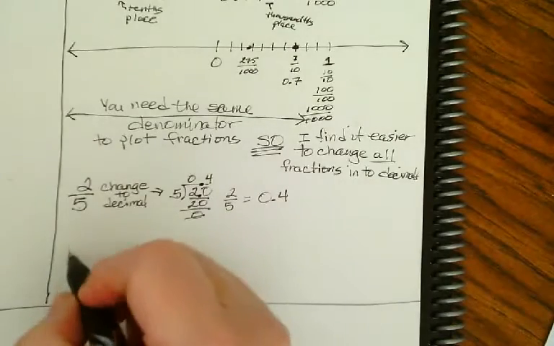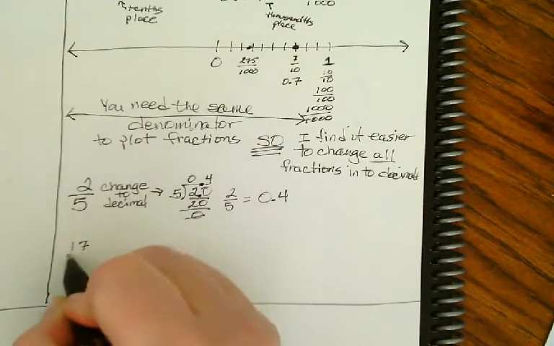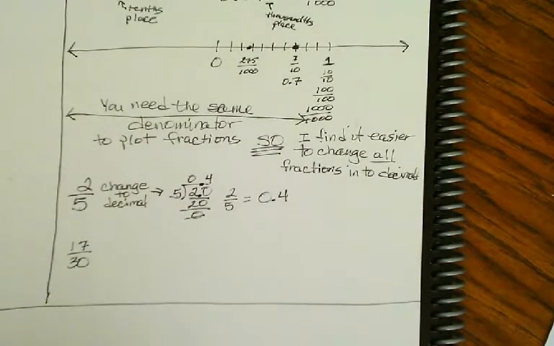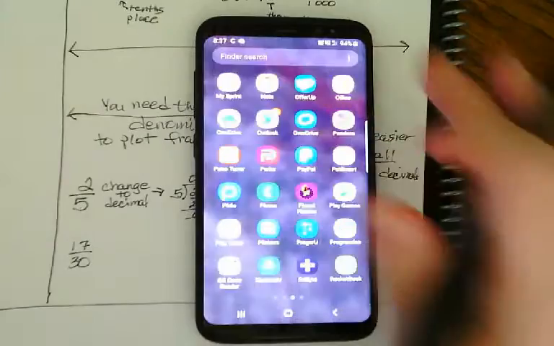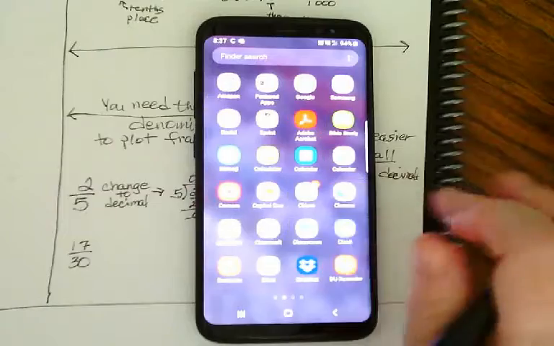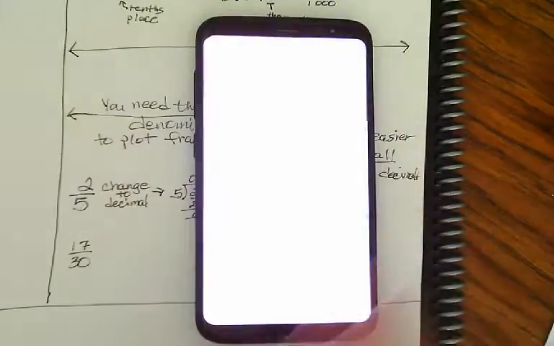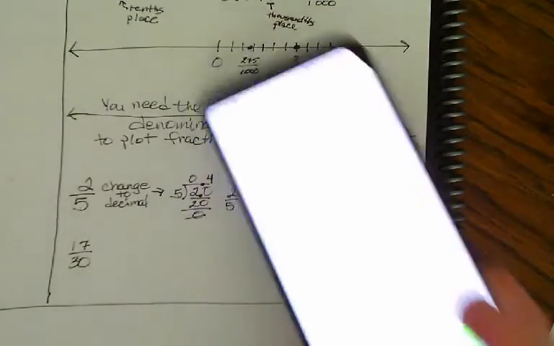Alright, what about 17/30? You're like, what? Yeah, that's when we pull out this little piece of technology. I don't know if you've ever heard of it or not, but I have a smartphone and I use my calculator, which you can't see very well because it's lit up.